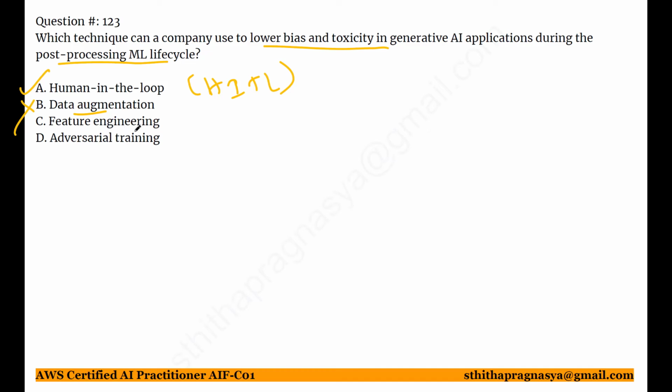It is relevant during the training phase and it does not apply to mitigating bias or toxicity in the post-processing phase. And adversarial training involves exposing the model to adversarial examples during training to improve robustness. While it can help mitigate vulnerabilities and bias during training, it is not a post-processing technique. So the answer is human in the loop.